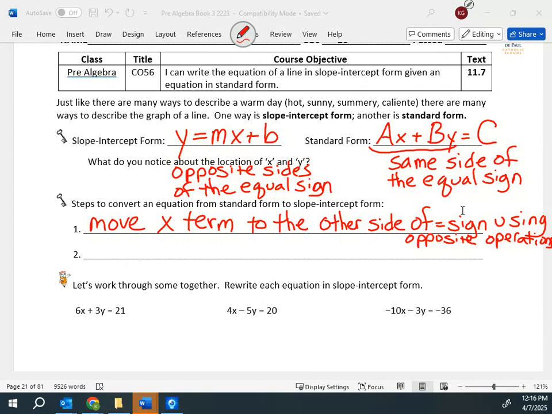We know how to do opposite operations. So we're using a previous objective to help us with our new objective. Step 2 is the new part.